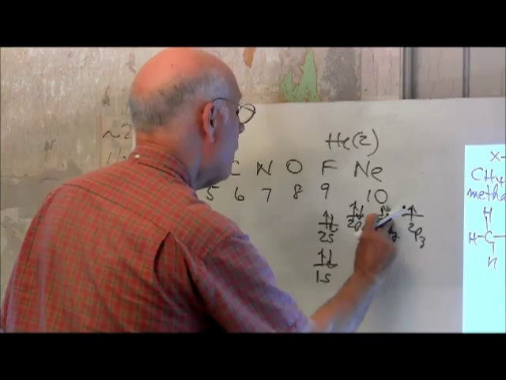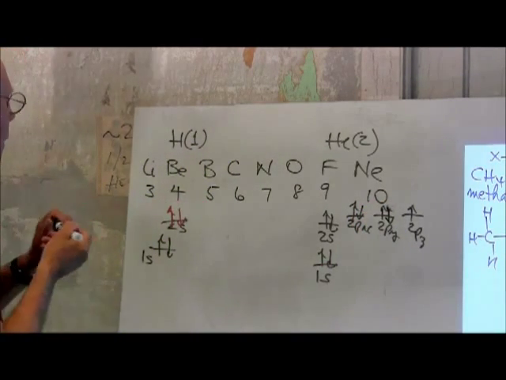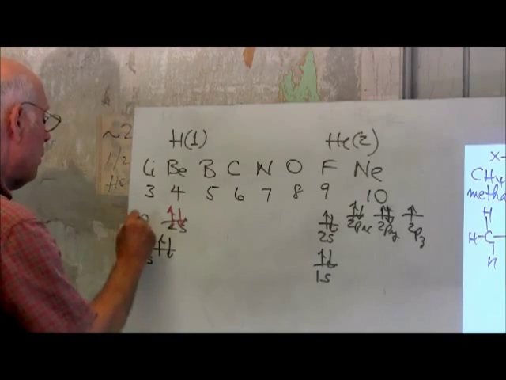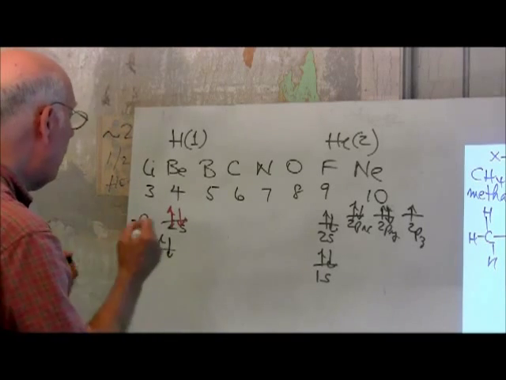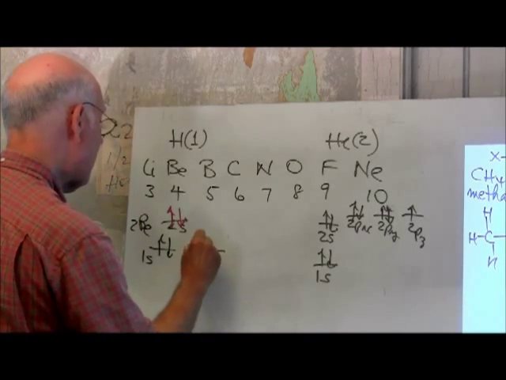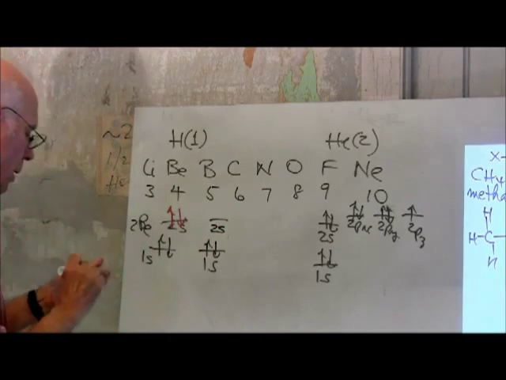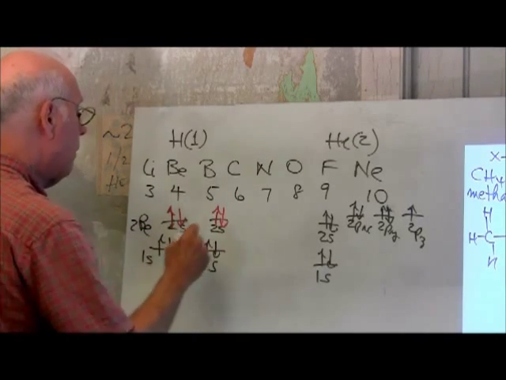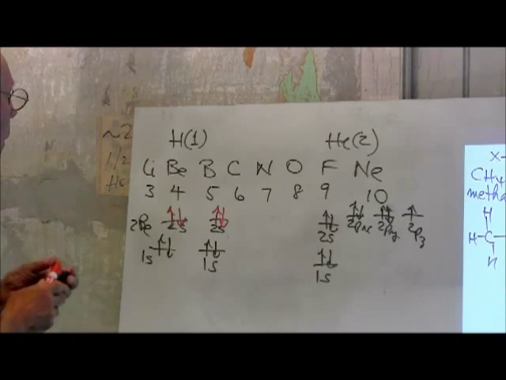Sorry, that has to go in the opposite spin direction. Now, if we had two beryllium atoms, one of them would be here, the other one would be 1s like that, 2s, and this has 2 electrons in it. The beryllium is 4.